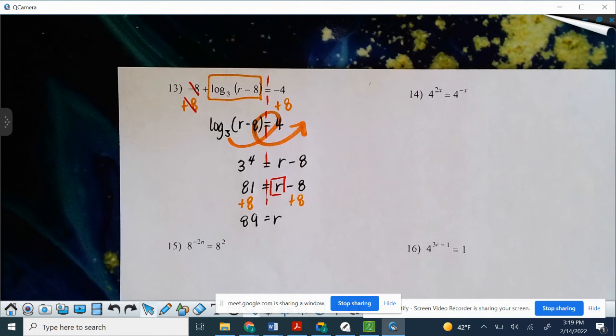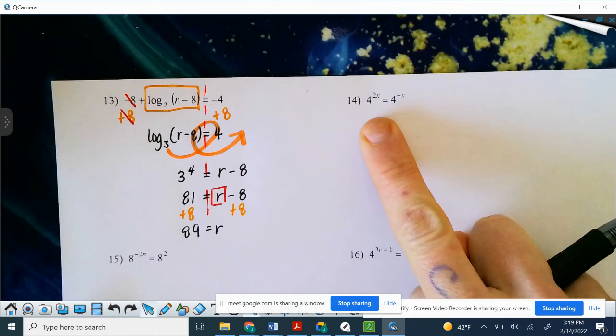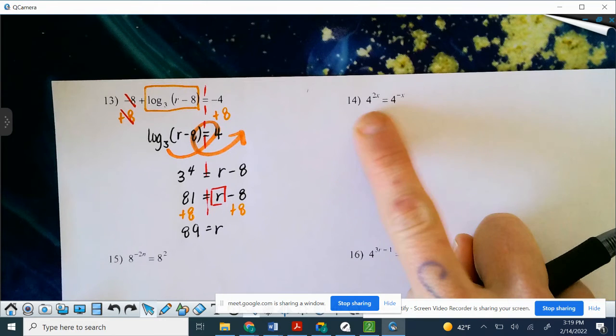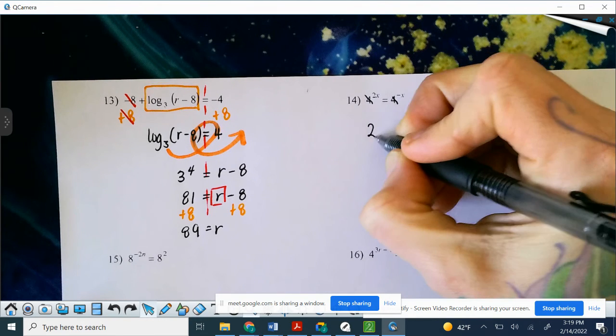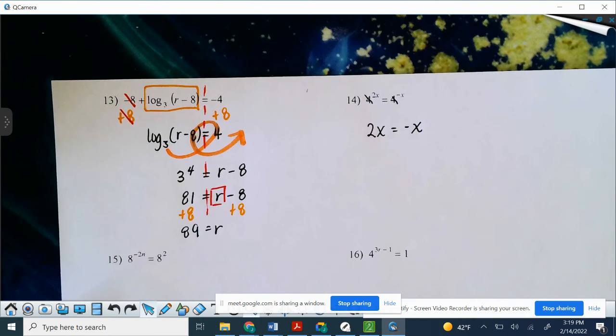Okay. Exponential. So switching to exponential here. So this is kind of like log base that matched on either side. Because the two bases match, you can pretty much ignore them. And you're just going to solve your exponents at this point. So 2x equals negative x.